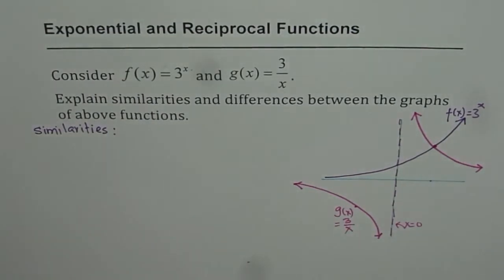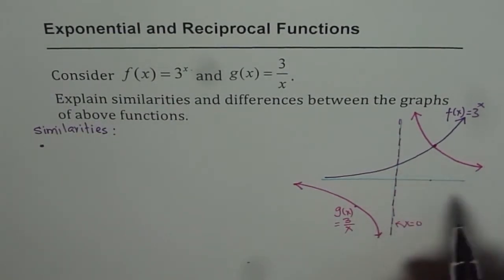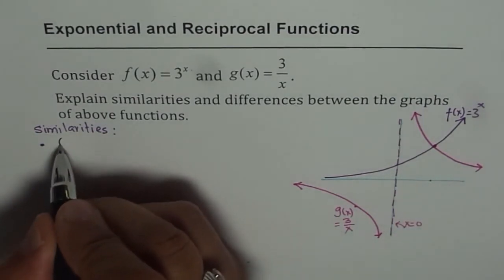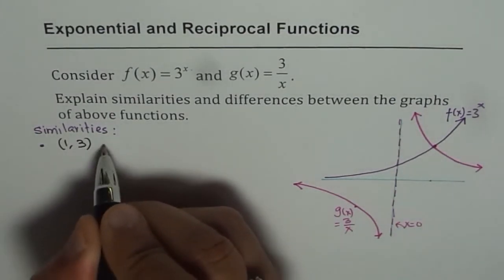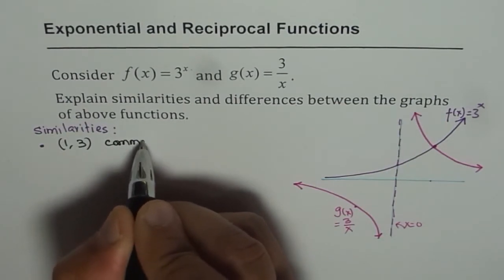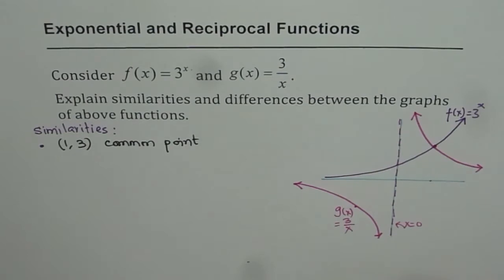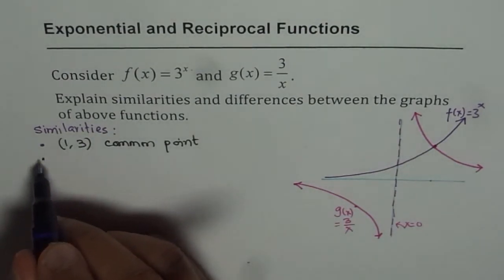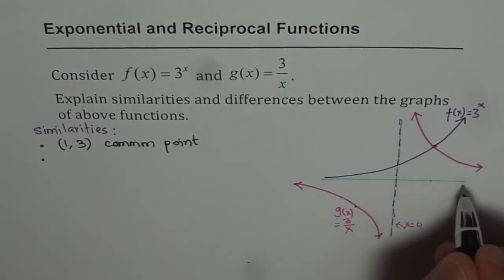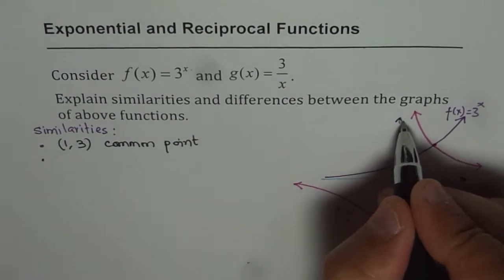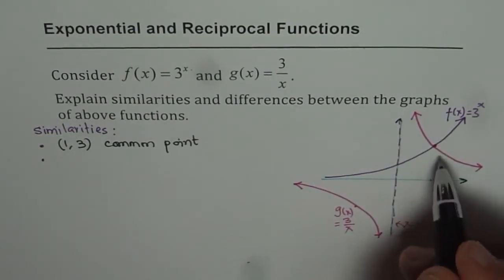Now as far as the similarities go, we can say, one, we found that they do have a common point, that is 1 and 3. So 1 and 3 is a common point. That is a similarity, correct? Now what else? One similarity which we can see is that the x-axis is actually a horizontal asymptote for both the graphs. So it is approaching, correct?